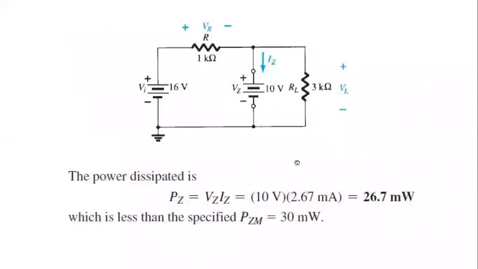In this diagram, you can see that PZ equals VZ times IZ, 10 volt into 2.67 milliampere, which is 26.7 milliwatt. Our specified limit was 30 milliwatt. We can see that our Zener diode power is less than our specification of 30 milliwatt.